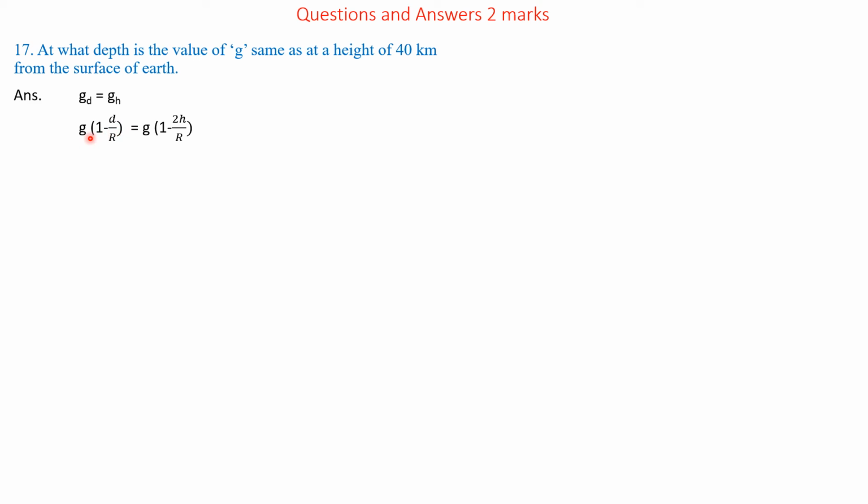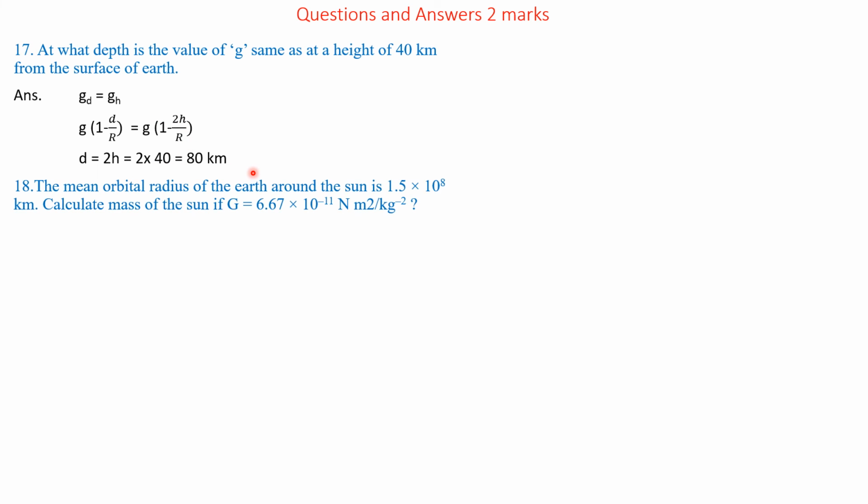Therefore, g into (1 minus d by R) is equal to g into (1 minus 2h by R). Therefore, d is equal to 2h. Here, comparing the terms, we get d is equal to 2h, that is equal to 2 into 40 kilometers, 80 kilometers.